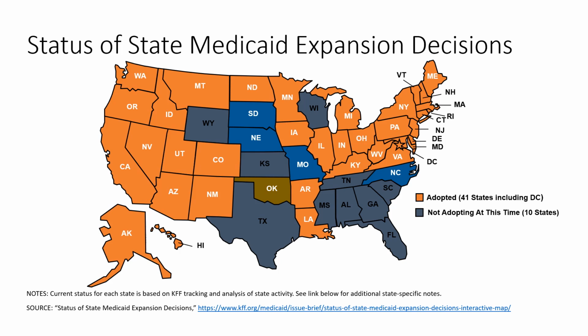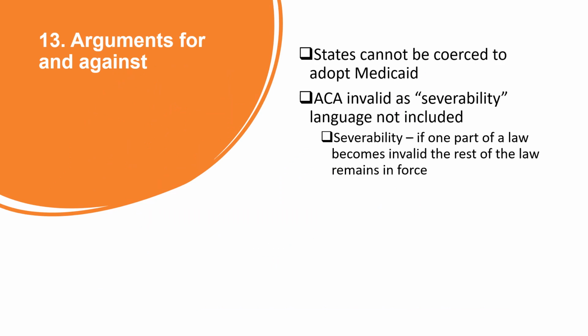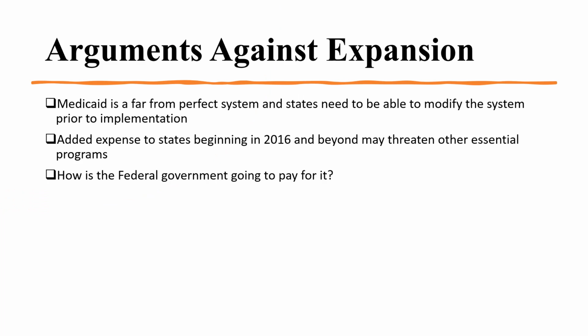Now, there are a lot of arguments against Medicaid expansion. One is that states don't want to be coerced to adopt Medicaid. They did argue unsuccessfully that the severability language was not included and that the law should be thrown out. There have also been arguments that Medicaid is far from a perfect system, and that states need to be able to modify the system prior to implementation.